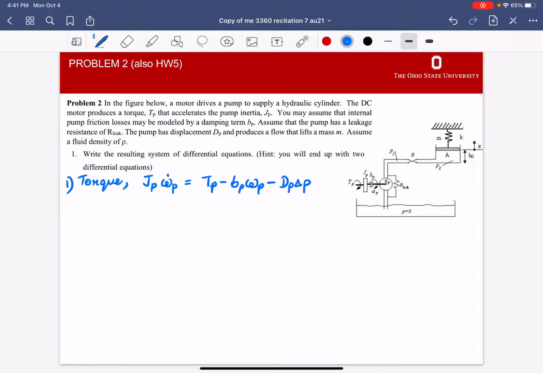As you can see here, what's coming out of the pump is at pressure P1, and what's going into the pump is at pressure P equals 0. So the difference between them, delta P, would be P1 minus 0. So delta P for our case turns out to be just P1. Any questions so far?